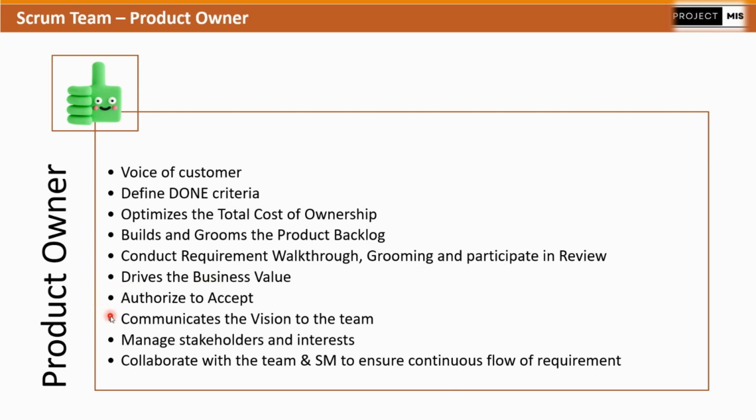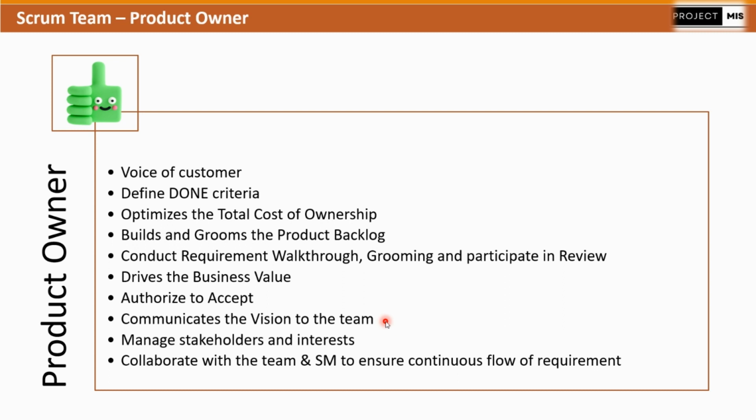Product owner communicates the vision to the team. It is very basic, we have understood this point earlier as well. So he is the one who understands the expectation from the customer and disseminates that expectation in the form of vision to the team.